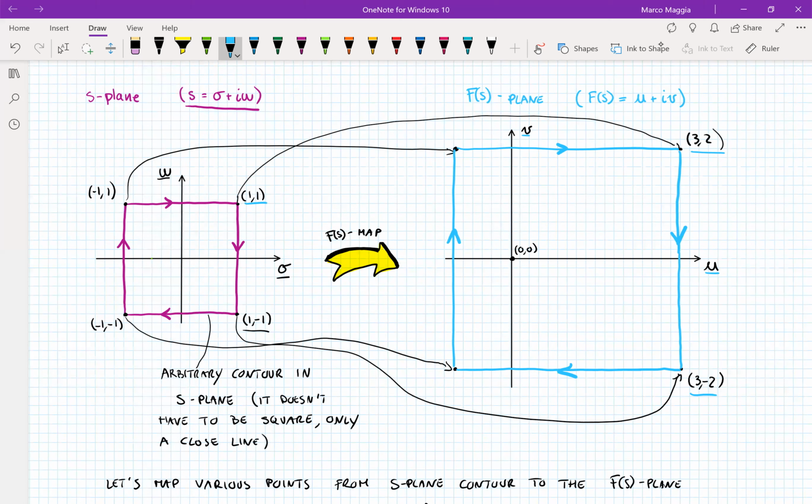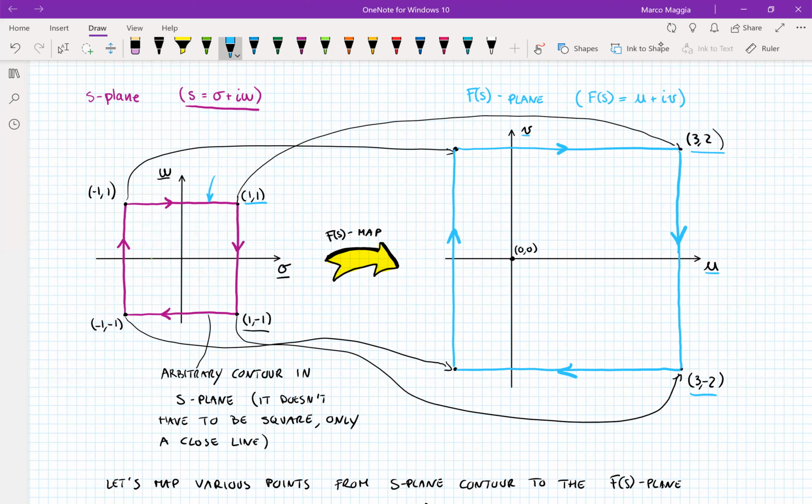The side is longer and it's not centered at the origin. So normally, if you use a certain map, f of s map, you're going to start with a contour, and it is up to you which contour to choose.